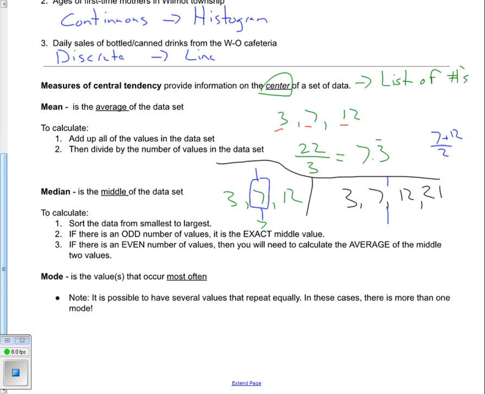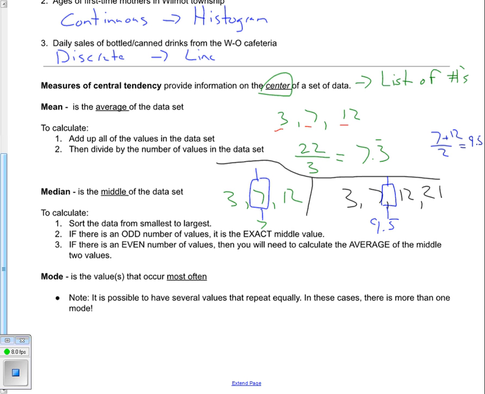So 7 plus 12 is 19. Divide 19 by 2 is 9.5. So in this case, my median number is going to be 9.5. Let's write that out a little better. 9.5. So my median is going to be 9.5.